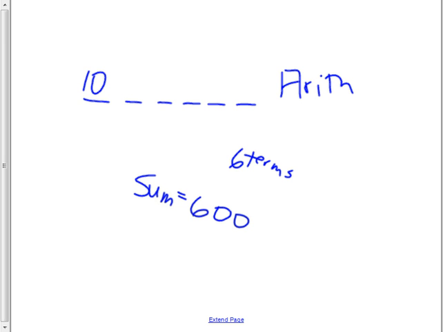It's arithmetic, it's got 6 terms total. If the sum is 600, hint, you have to use formulas. Don't try to do these by guess and check. I'm not using nice numbers on purpose because I want you to see the formulas are what you need. I mean, 10 and 600 are nice numbers, but your common difference is probably pretty ugly.